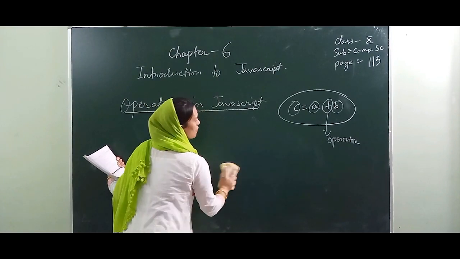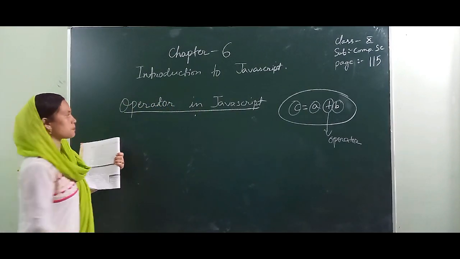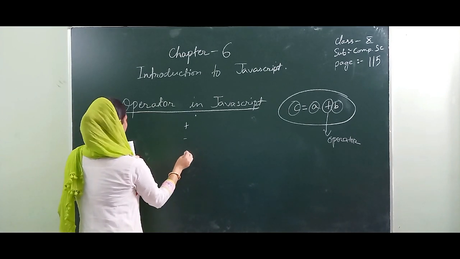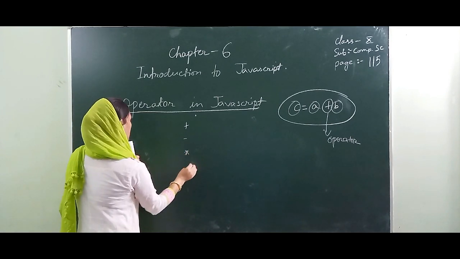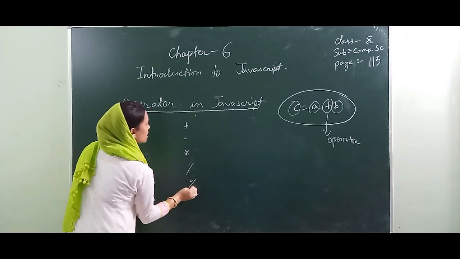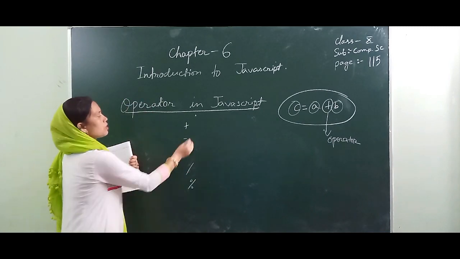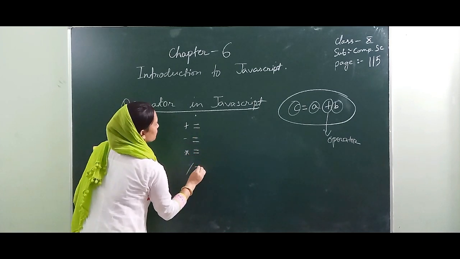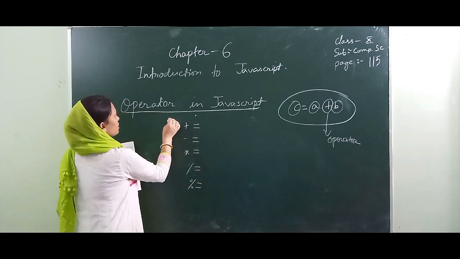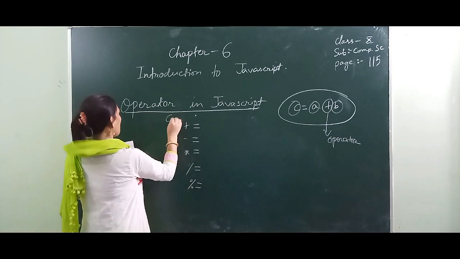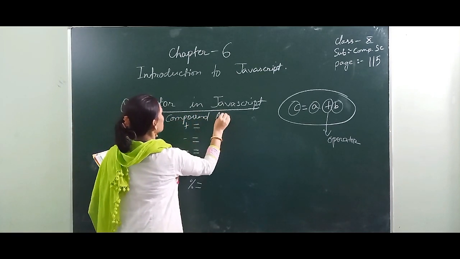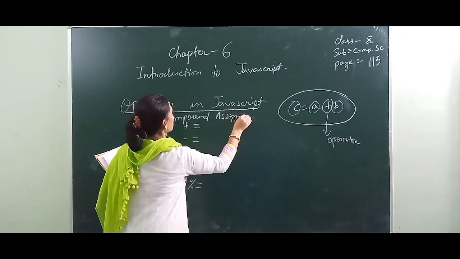So we have 5 arithmetic operators, that is plus, minus, multiply, divide, modulus. Here with the arithmetic operator we will use the equal to symbol, that is the assignment symbol. And in this manner it will form a compound assignment operator. Compound means mixed along with the assignment operator.